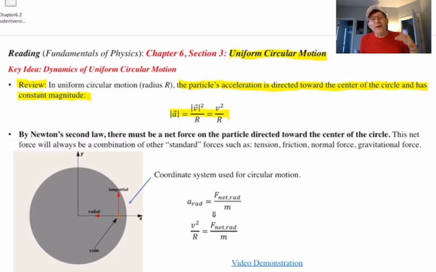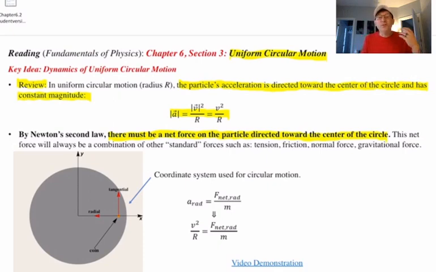Now we're just going to combine that kinematic concept with Newton's second law. Because Newton tells me that if there is an acceleration in a particular direction, there must be a net force in that same direction. So there must be a net force on the particle directed towards the center of the circle.